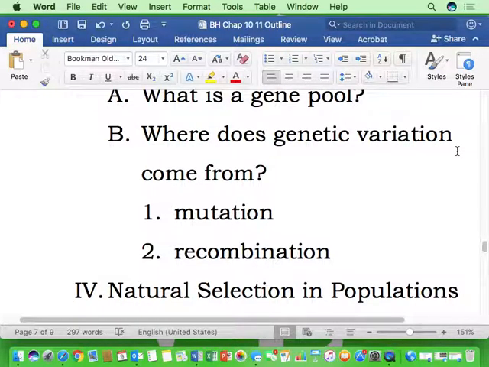Now, when we take a look at natural selection in populations, we're looking at the distribution of alleles. And really what we're concerned with are the phenotypes. So we're looking at how are the alleles expressed? What are we actually seeing in these organisms? So there are some patterns that we can see.